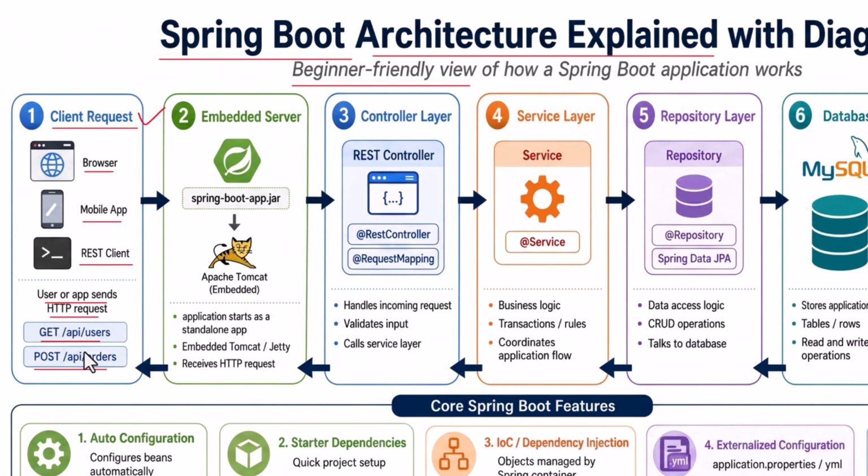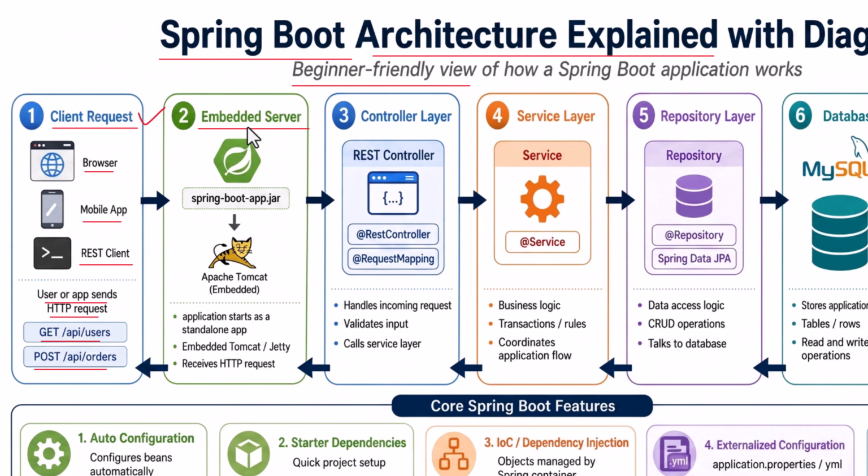It contains an HTTP method such as GET, POST, PUT, PATCH, or DELETE. It contains a URL that identifies the requested resource. It may contain request headers. It may also contain a request body, usually in JSON format, when the client wants to send data. Once the request is sent, it reaches the embedded server inside the Spring Boot application.